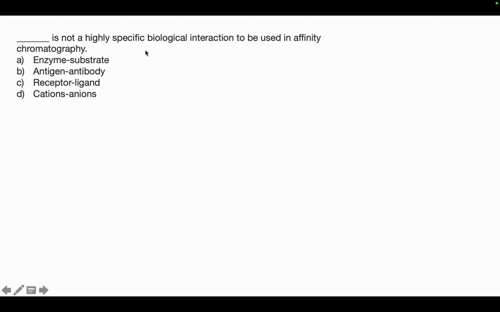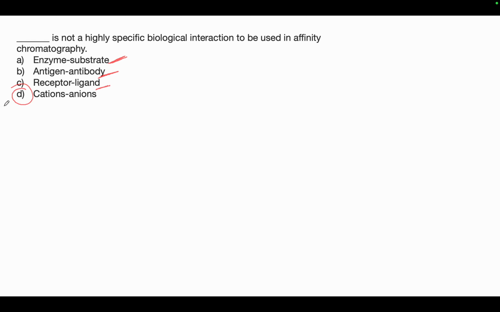Which one is not a highly specific biological interaction to be used in affinity chromatography? In affinity chromatography we do use enzyme substrate because it is very specific. Antigen antibody is again very specific. Receptor ligand is also very specific.